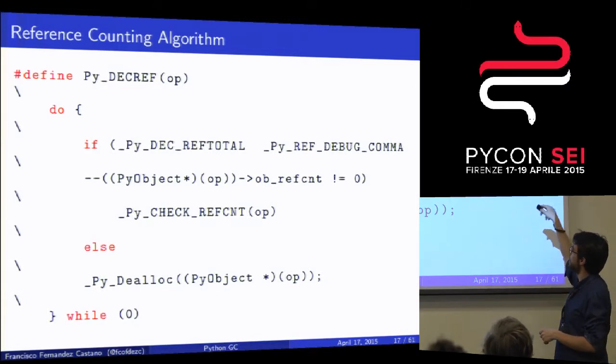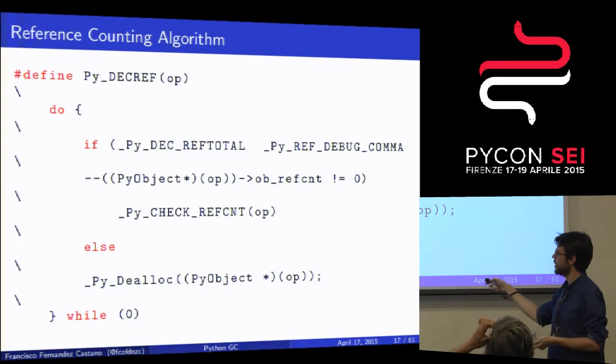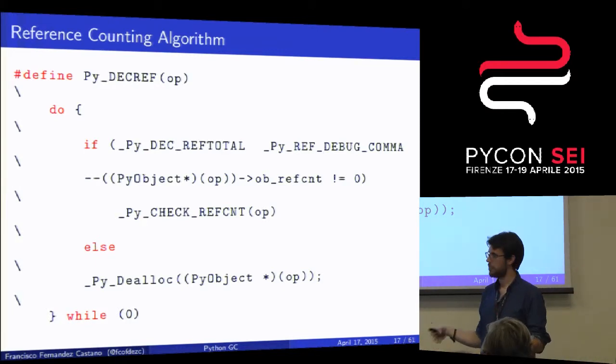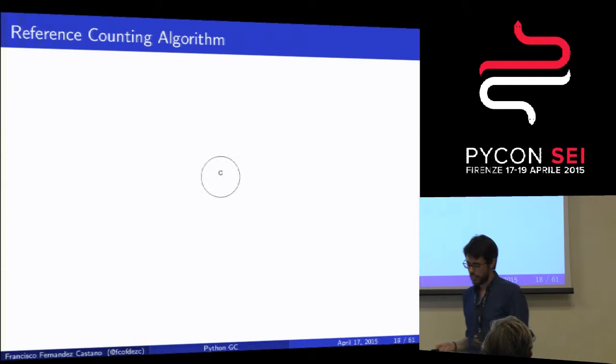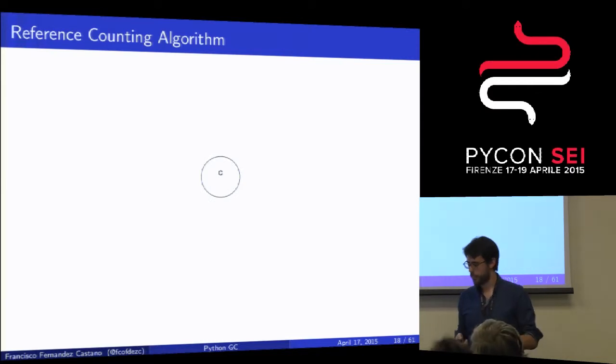And if the counter is 0, it deallocates this object. It's not used anymore by anyone, so it deallocates the object. Seems easy, right?